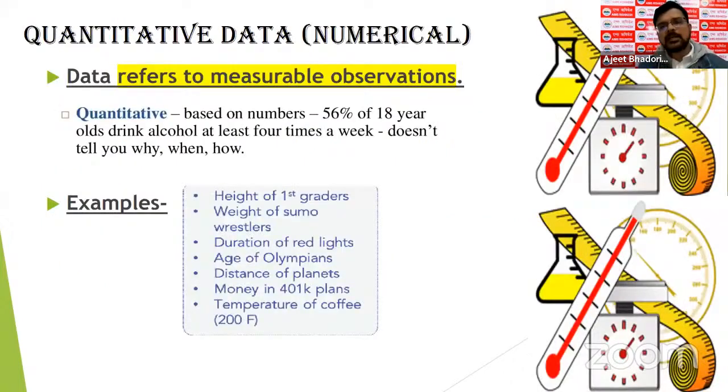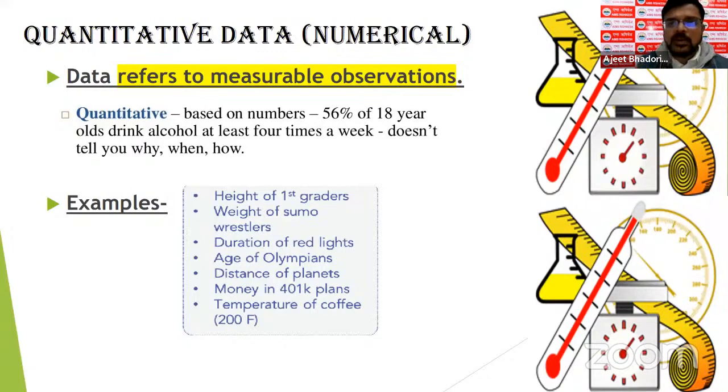So data, if we talk in terms of quantitative data, is something which is measured in numbers. For example, I mentioned 56% of 18-year-olds drink alcohol at least 4 times a week.